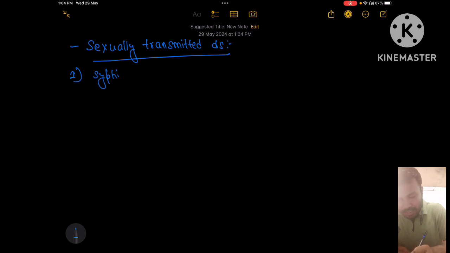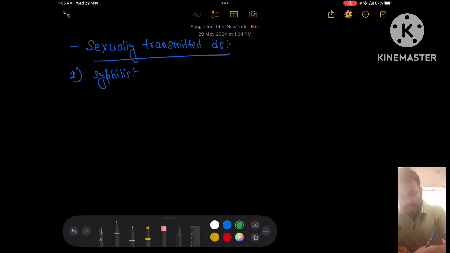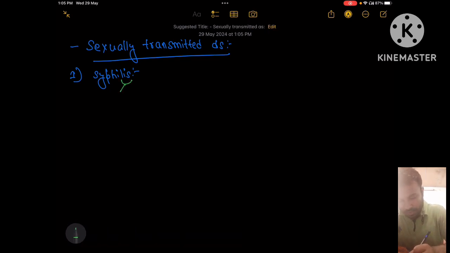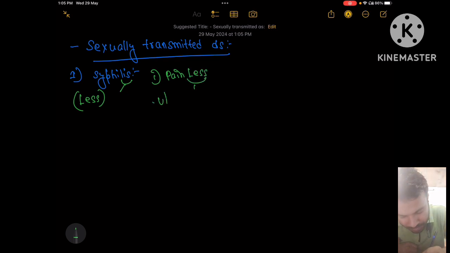First point, it is painless: painless ulcer and painless lymph nodes.